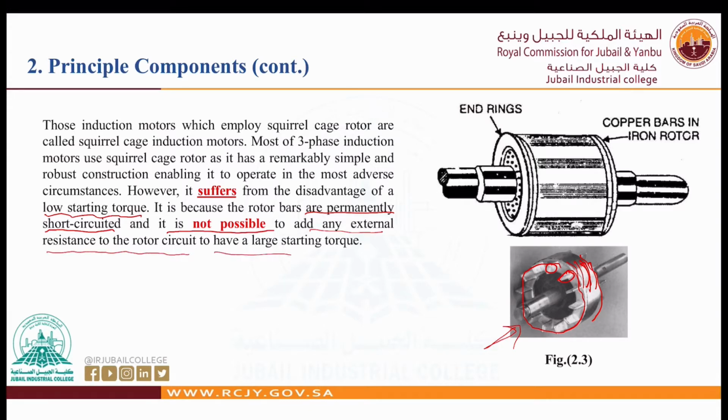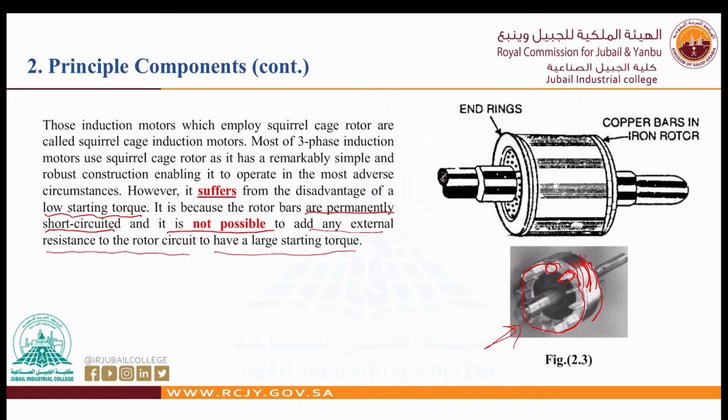If we could insert a resistance in the squirrel cage, then we would have high starting torque. But the problem is that we have only aluminum bars and they are short circuited.